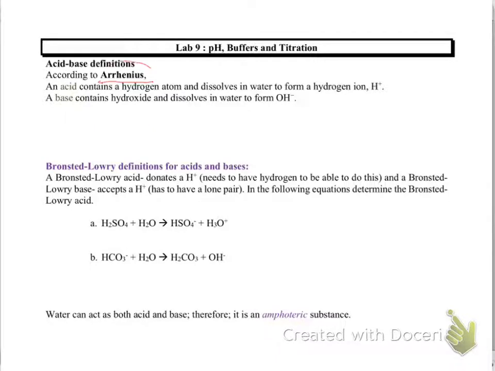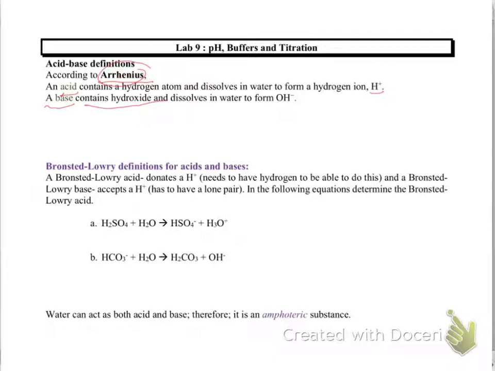According to Arrhenius, an acid contains a hydrogen atom and dissolves in water to form a hydrogen ion. On the other hand, a base is a substance that contains hydroxide ion and dissolves in water to form hydroxide ion.